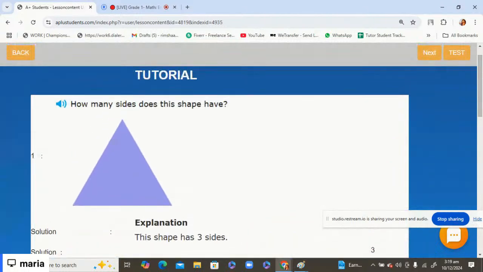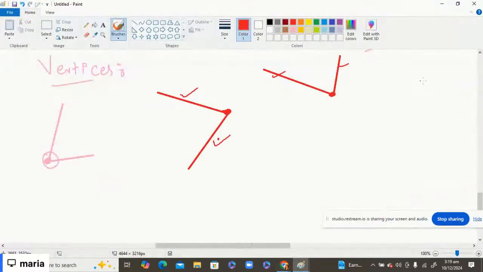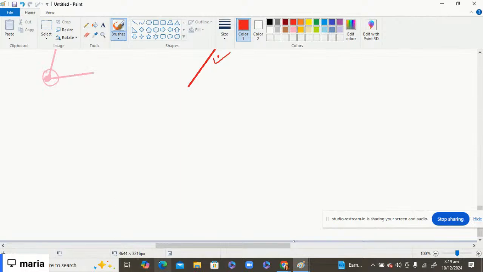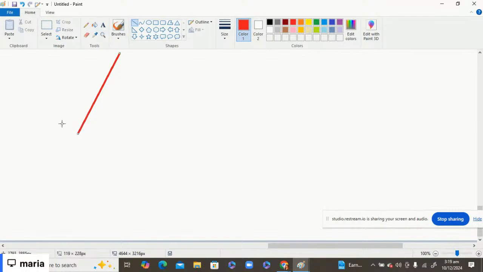So look at here, how many sides does this shape have? Look at the sides. How many total sides are there? Let's draw the figure and then we check. Okay, first we draw it here, one line, then the two line, and then here the third line. So how many sides?